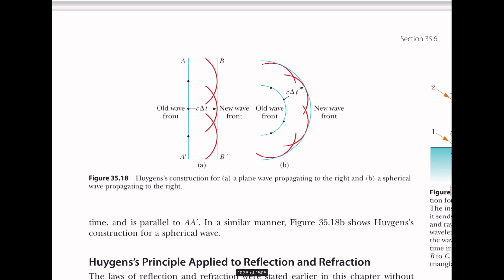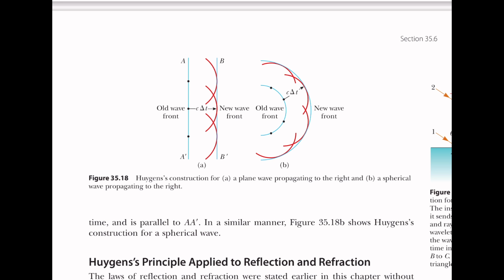We can read the bottom title: Huygens construction for A, a plane wave propagating to the right, and B, a spherical wave propagating to the right. So you can see A is right over here. I highlighted it, and it shows you old wavefront, new wavefront, some little red circles, c delta t in the middle over there.